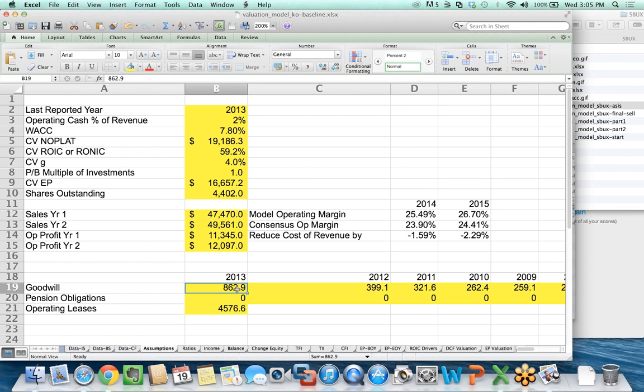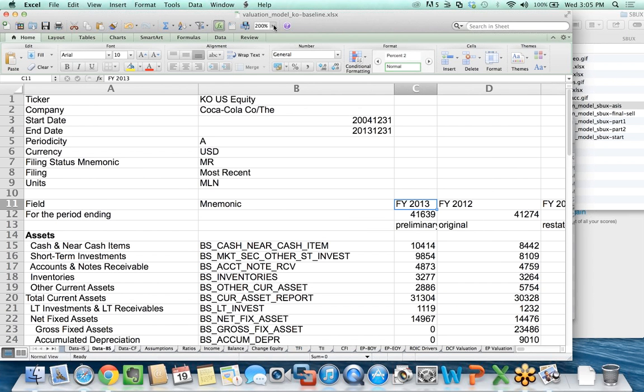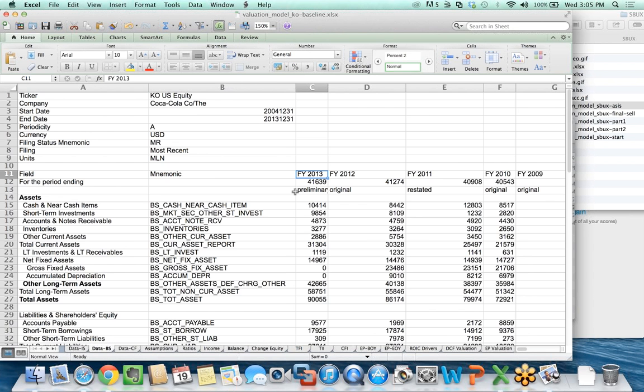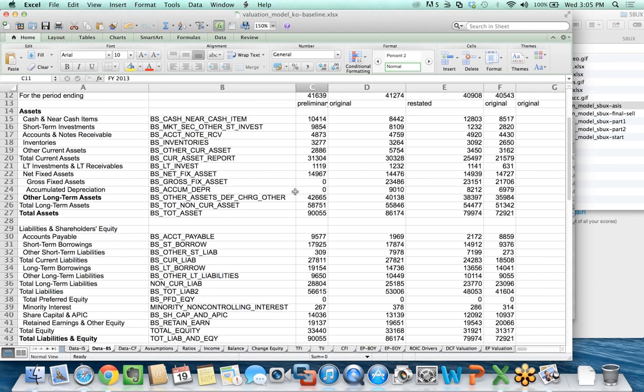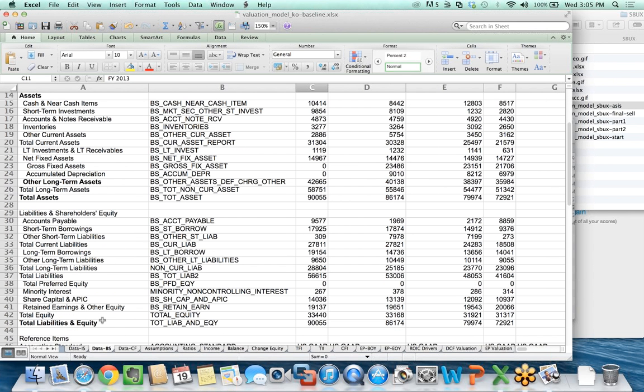All right, so back to Coke. We also need to make sure that we update these three fields: goodwill, pension obligations, and operating leases. As I'd previously mentioned, in the balance sheet, Bloomberg gives us a standardized balance sheet going to total liabilities and equity. So somebody has taken the 10K, mapped the 10K to the standardized format, and put this standardized format into their database.